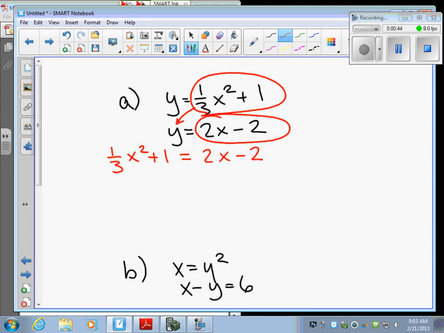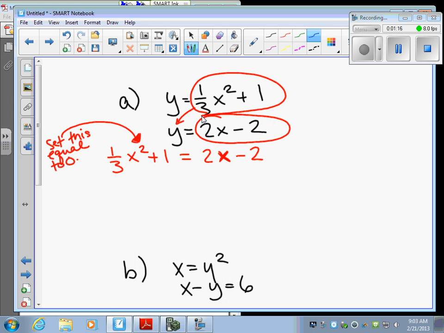Now this is a quadratic because I see there's an x squared, and anytime I see an x squared and an individual x, I know that I'm going to have to set it equal to 0. It's not going to work any other way, probably. So let's see. I also see I have a fraction. I'm not a big fan of fractions, so I'd like to get rid of that 1/3 as well.